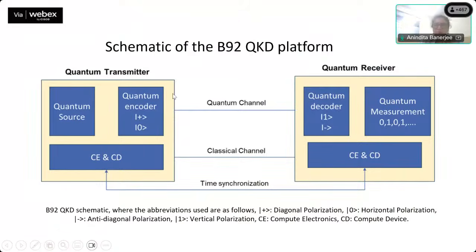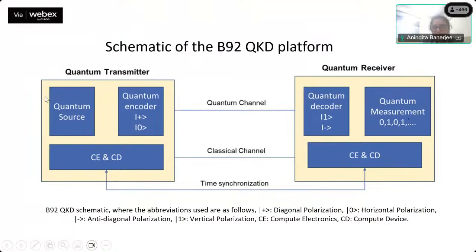So this is how a setup of B92 looks. You have a source, the encoder, the decoder, measurement, control electronics and communication engine. Please ignore D. As I told you, it's connected by a quantum channel and a classical channel, and there is a synchronization. You have already taken a peep into the optics part.